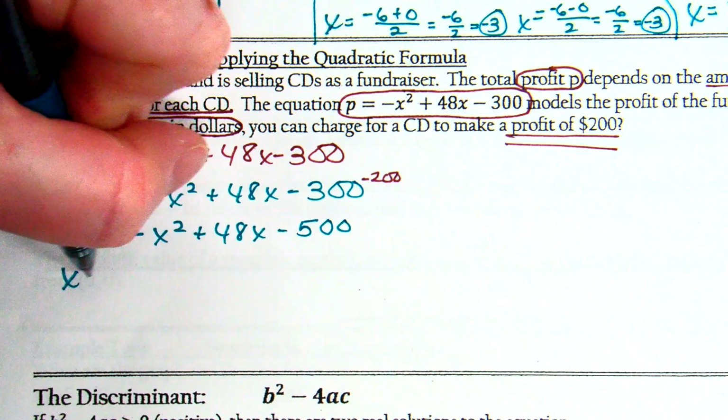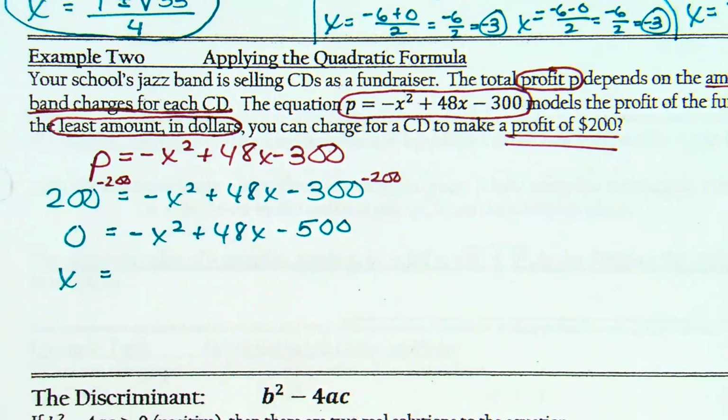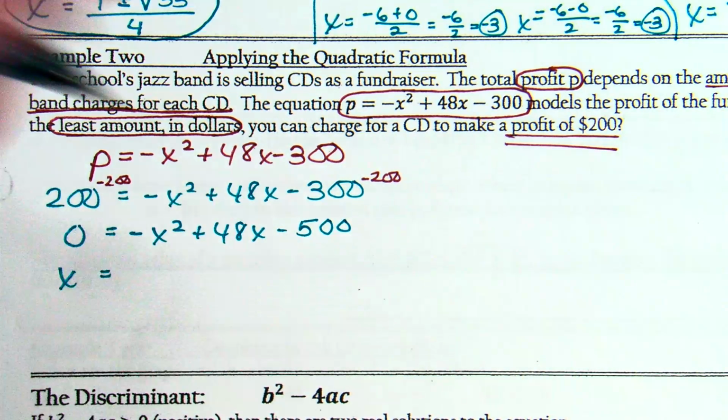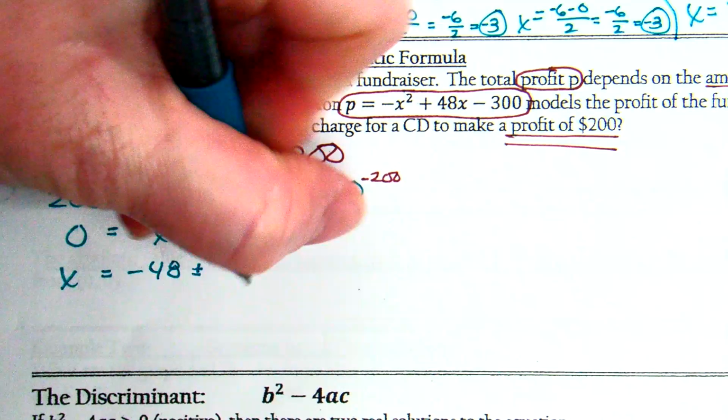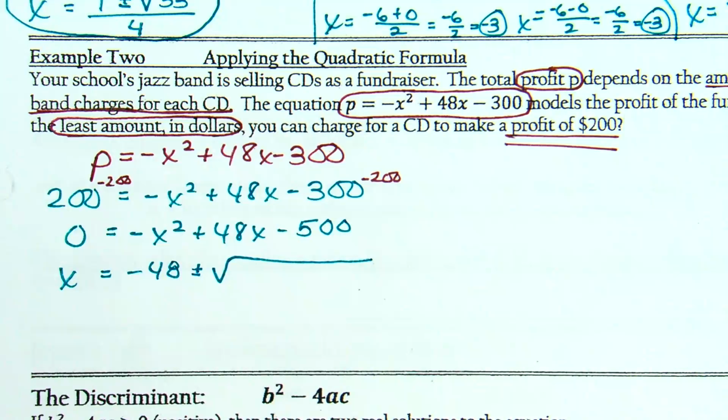So, trying to find x, I'm going to say x equals. Where am I going with this, guys? Quadratic formula, right? That's the name of the game today. So, x equals negative b, negative 48, plus or minus. I would feel sympathy, they're big numbers, but what are you allowed to use? A calculator.